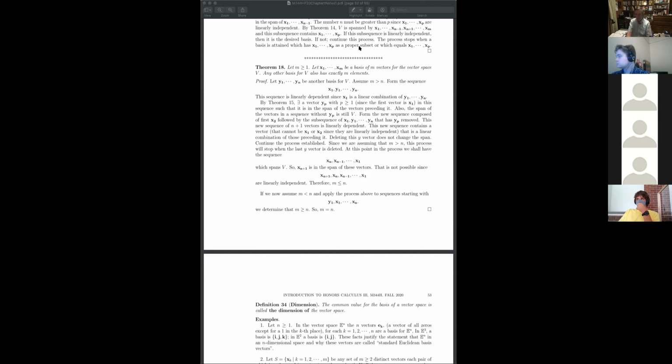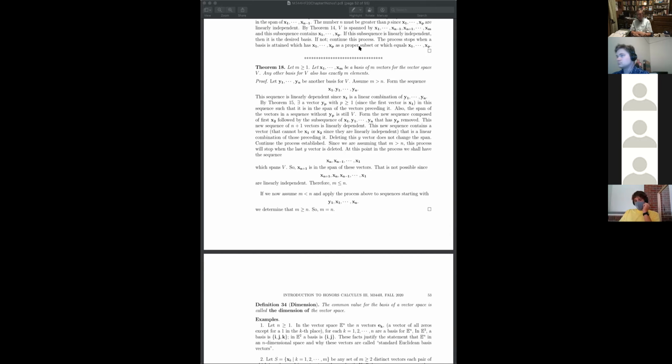Why do we call the plane two-dimensional? Because the vector (1,0) and the vector (0,1) are independent and span the whole plane. There are 2 of them. That's why we call the plane two-dimensional. Okay? So I say that here.